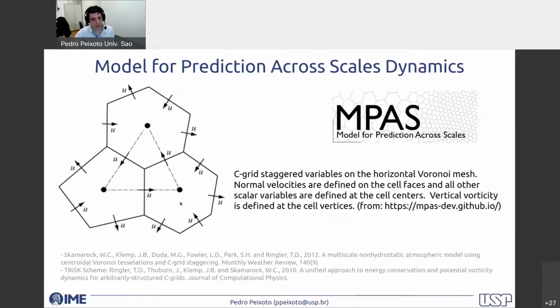So this issue was partially solved in this paper of 2010 by Todd Ringler, Thuburn, Klemp, and Skamarock. John Thuburn was my postdoc supervisor, so I worked a lot on this kind of formulation. And then in 2012 is when the official MPAS paper came around. What they do to keep those properties is use what's called a staggered grid, but it's a kind of nasty staggered grid in the sense that you keep only the normal components of the velocities in these Voronoi cells.